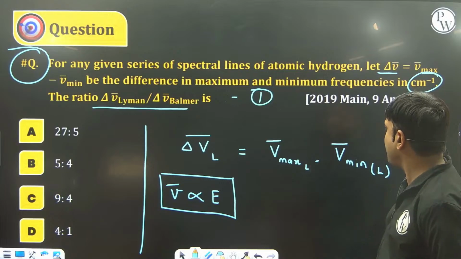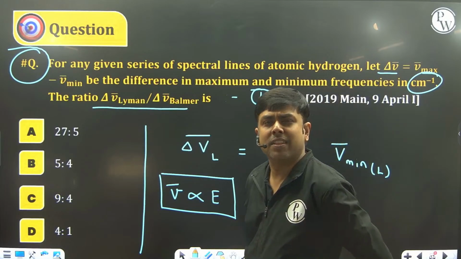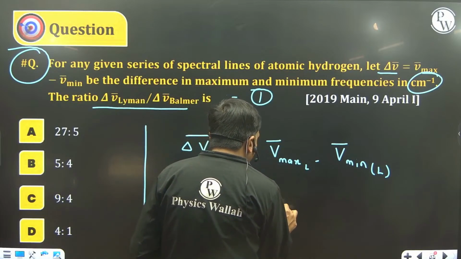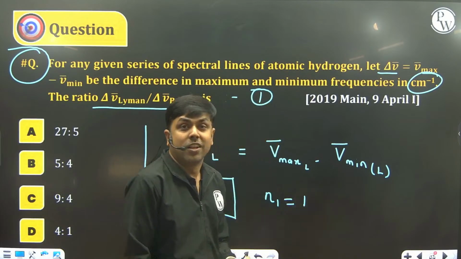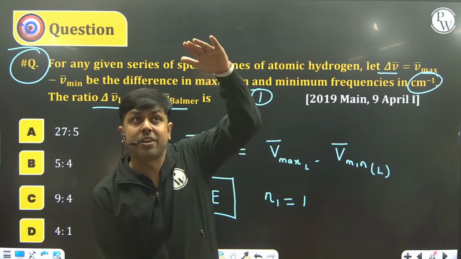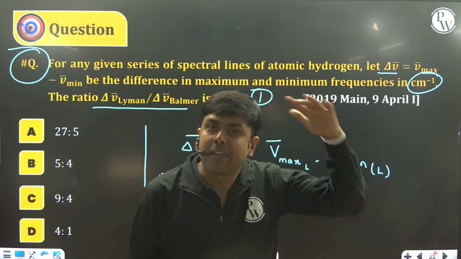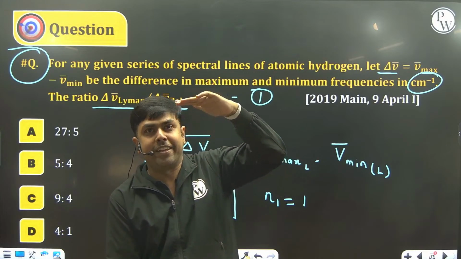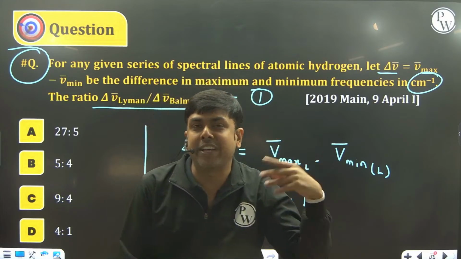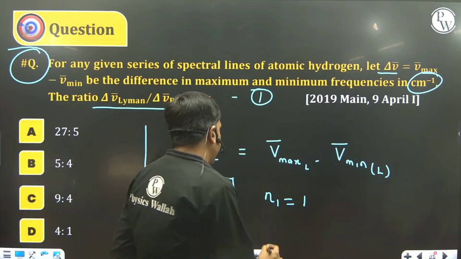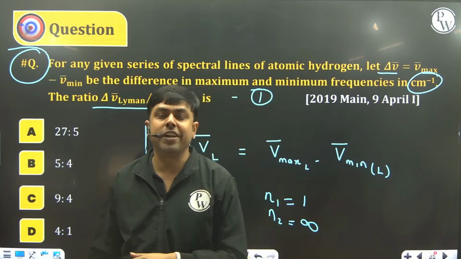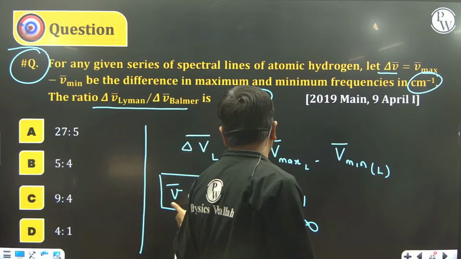Now if I talk about mu max Lyman, N1 has to be fixed, and N1 value is how much? 1. Now if I have to get the maximum energy, N2 has to be, energy will be max when this height is increasing continuously, right? And what will be the final value of N2? Infinity. N2 equals infinity. Now can I calculate mu bar?